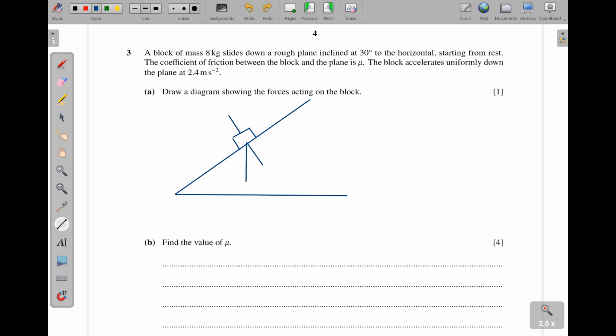The weight is here acting this way. Then this weight here is tilted to the same angle. So this one here is 30 degrees. Even this one here is 30 degrees. So this is 8G.